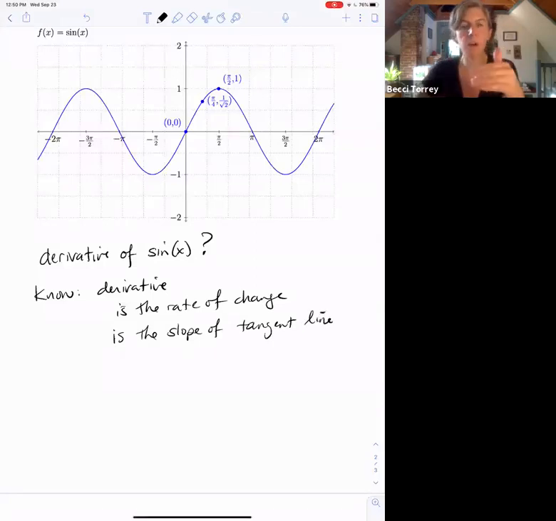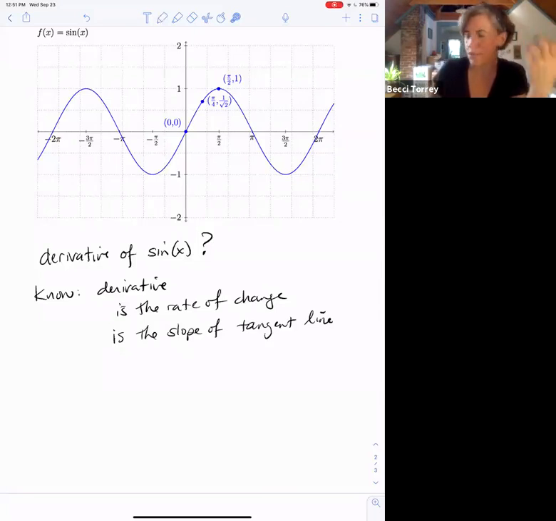And so as we've been practicing, we can look at the graph of a function like this sine of x function and just estimate what the different values of the slopes of the tangent lines are at different points, and then from that, plot an approximate graph for what we think the derivative of sine of x is.